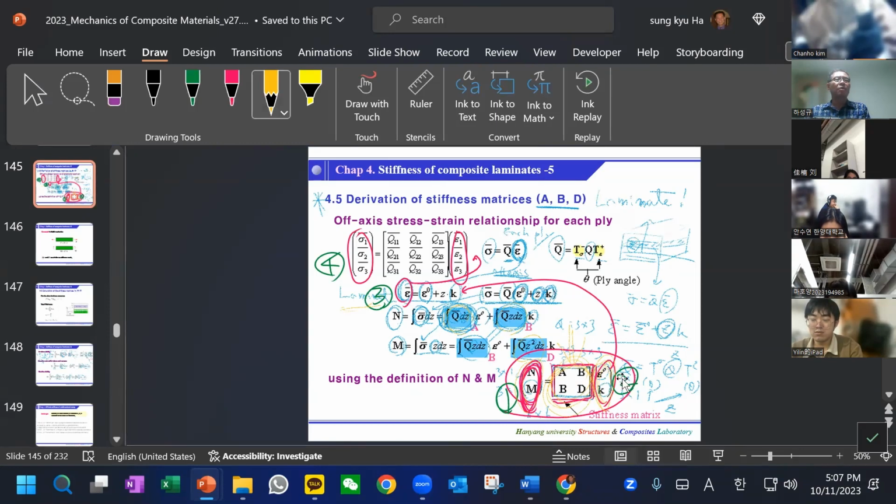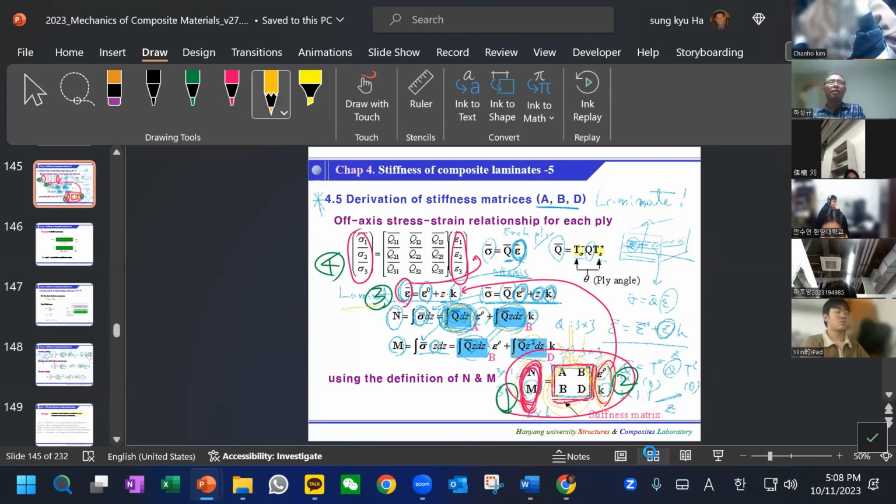So in backward, once we have the N and M, we calculate the epsilon and K, and then come to here, and we calculate the ply strain and ply stress. Once we know each ply stress, then we can tell, oh, this ply will fail, this ply will break, and we can predict many things because we know how much strength each ply has.